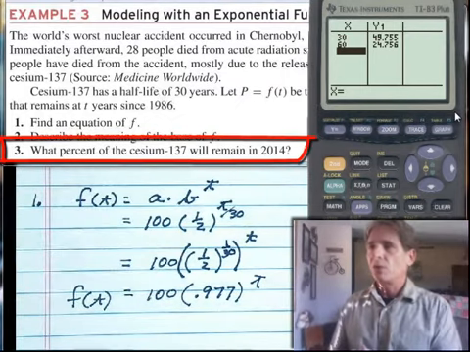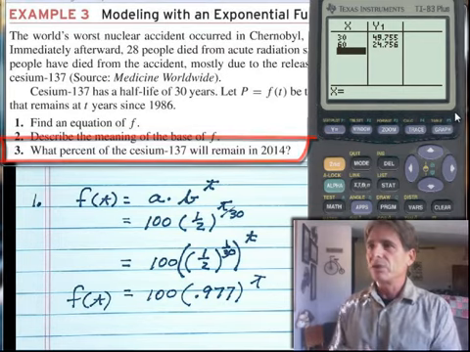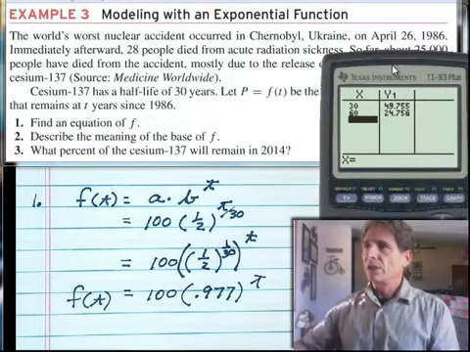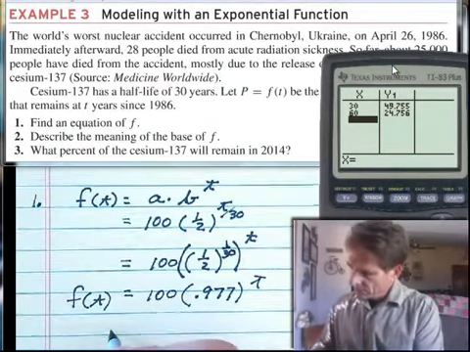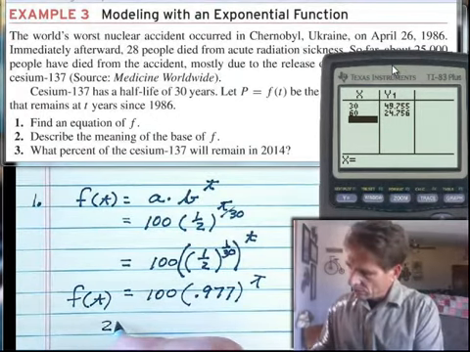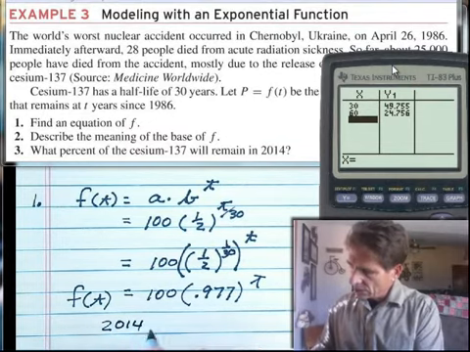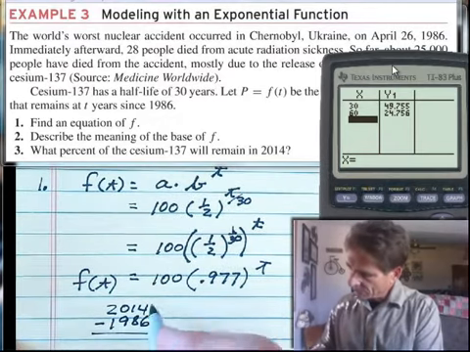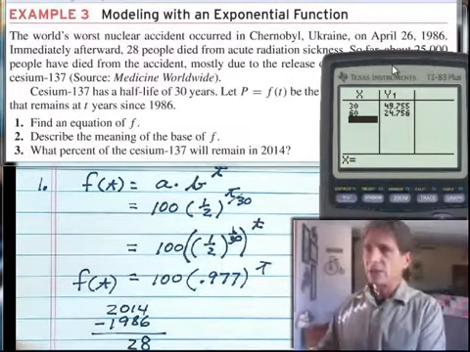3. What percent will remain in 2014? Well, let's see. This happened in 1986. So 2014 minus 1986 gives us 28 years.